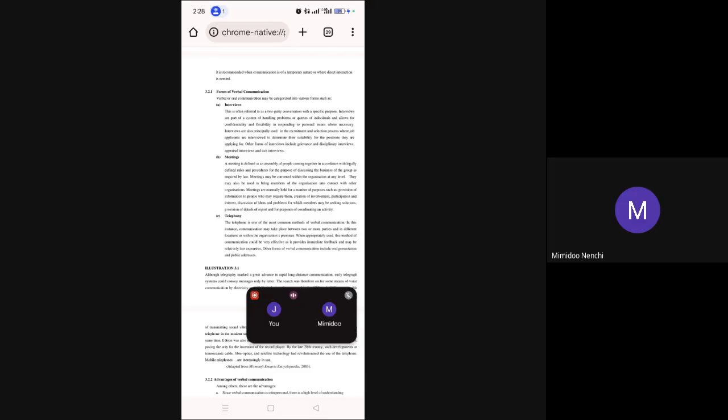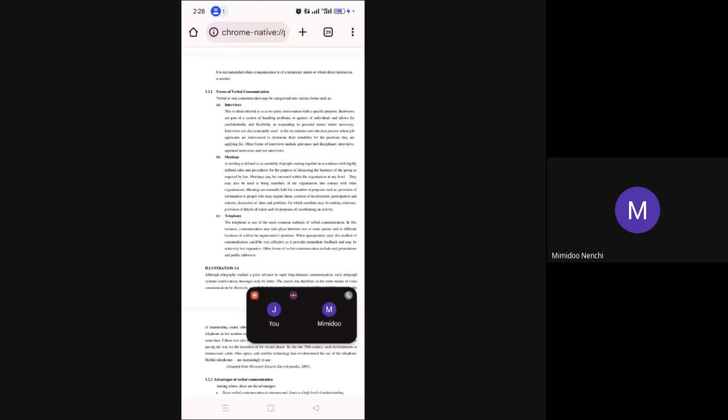You need to get information to someone in Abuja. So the fastest means of communication is the use of your telephone. So you pick up your telephone, dial the person's number and put a call through.